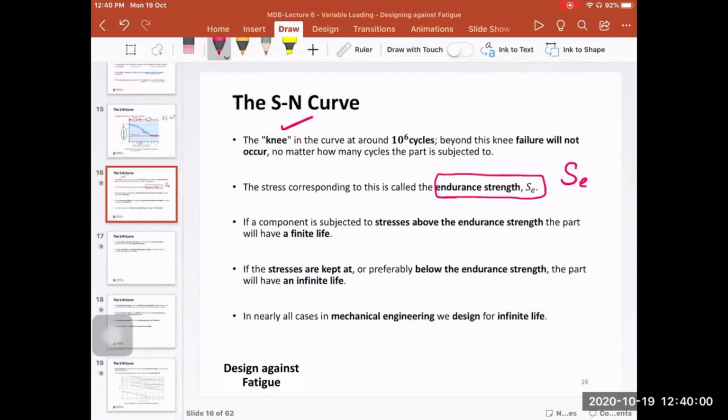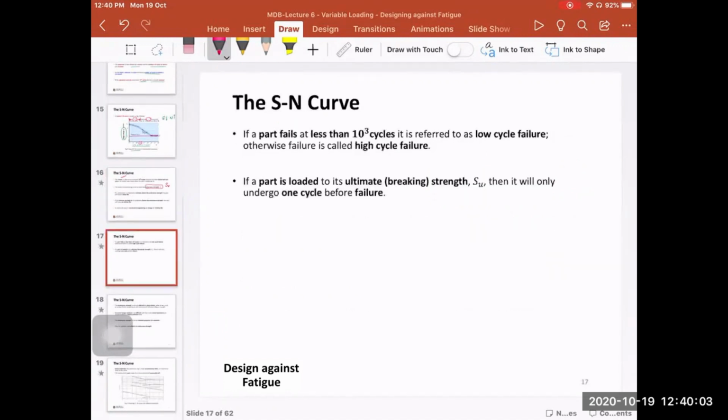Also, as I said, if the part fails at less than 10 to the power 3 cycles, we call this low cycle fatigue. And if it fails at more than 10 to the power 3, we call this high cycle fatigue.